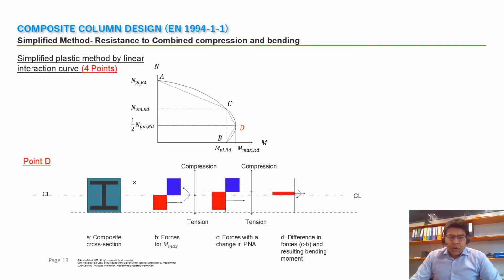Coming next to point D, this is the point which represents the maximum bending capacity of the cross section. In this case, the neutral axis is in the middle of the cross section, and using this, we can calculate the maximum bending resistance of the cross section.